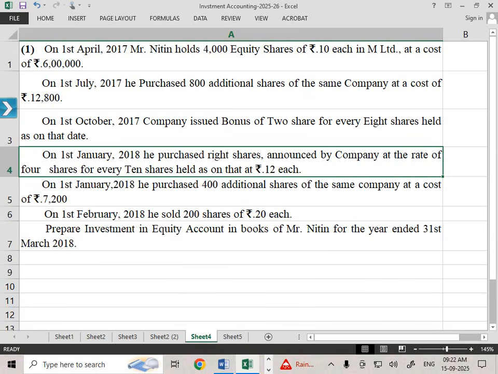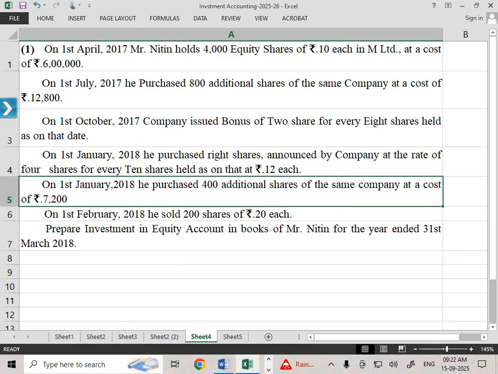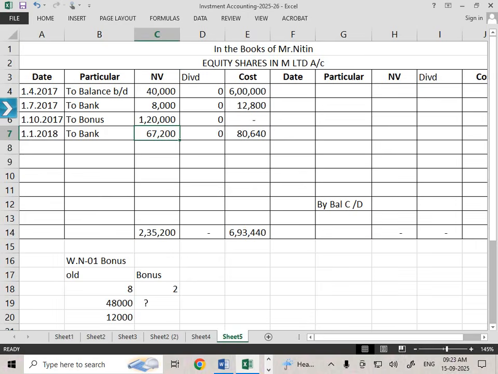Next now. On 1st January 2018, he purchased 400 additional shares of the same company at a cost of rupees 7,200. So again he purchased on 1st January 2018. So here to bank.